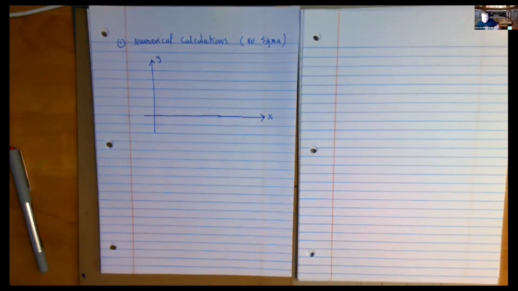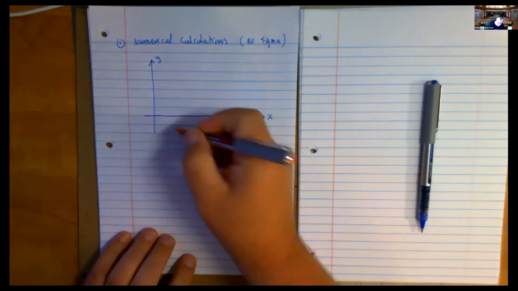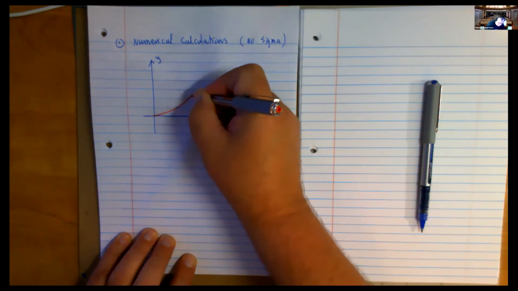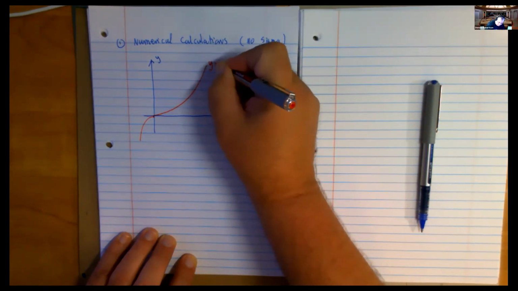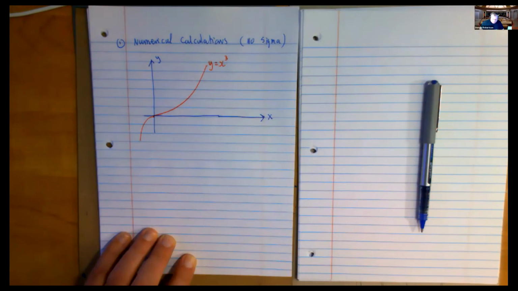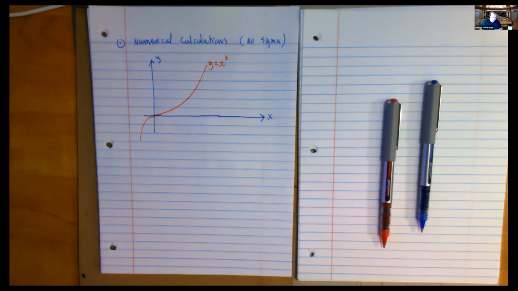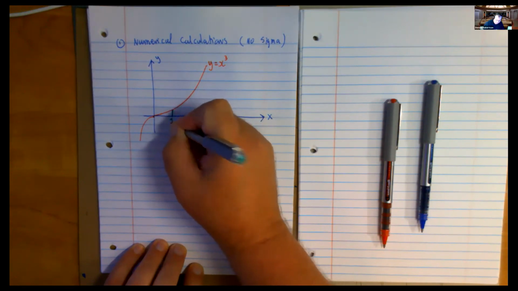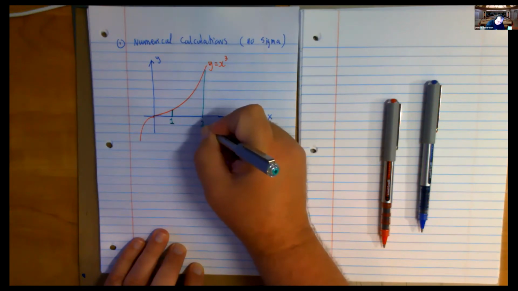Right, imagine that we have a function. I'm actually going to choose a function that has a formula, but I'm still not going to use the sigma notation. So suppose I want to do the area under the curve y equals x cubed, and I want to do it starting at x equals 1, and I want to finish at x equals, say, 2.